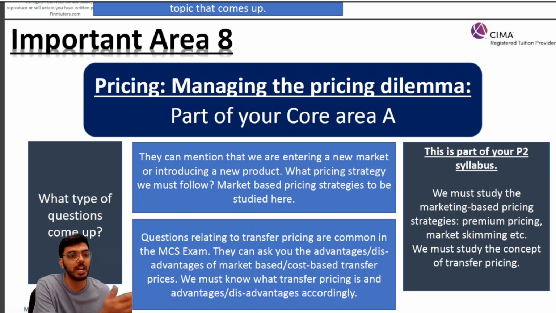Let's say you have a market-based transfer pricing system: couple of advantages, couple of disadvantages. Cost-based transfer pricing system: couple of advantages, couple of disadvantages, and this is clearly stated in your transfer pricing chapter under the P2 syllabus. So pricing falls under your core area A, but is a very important perspective for us to keep in mind.